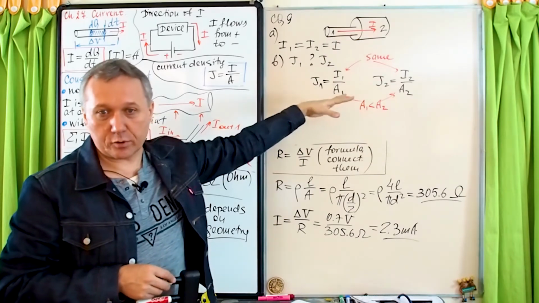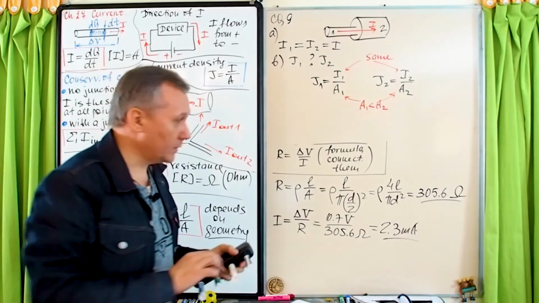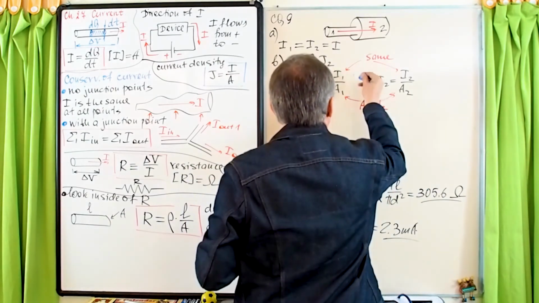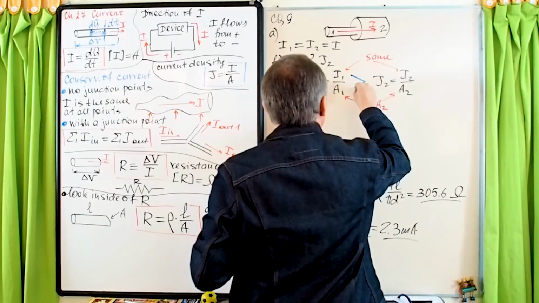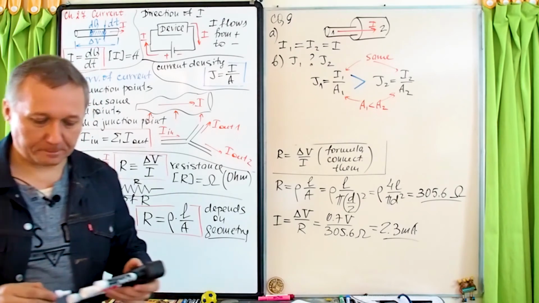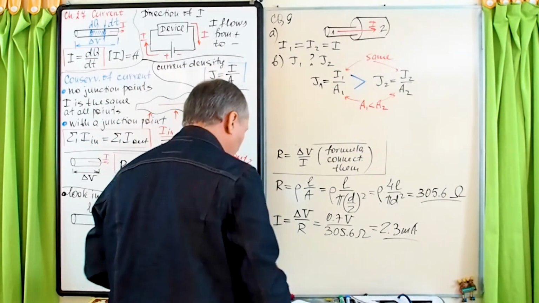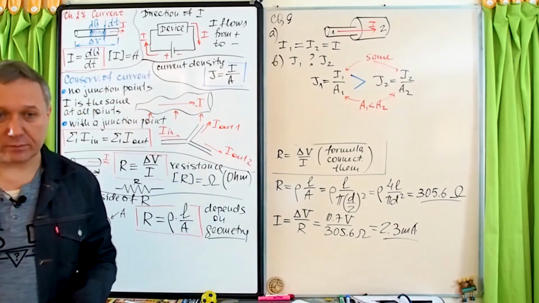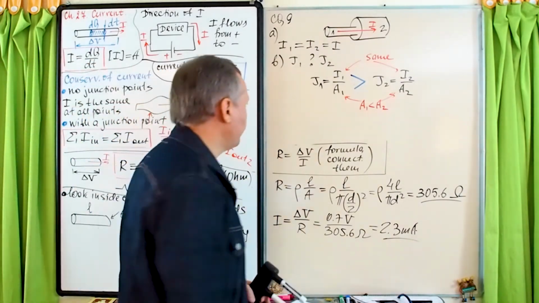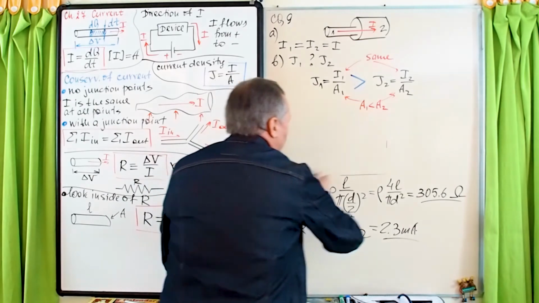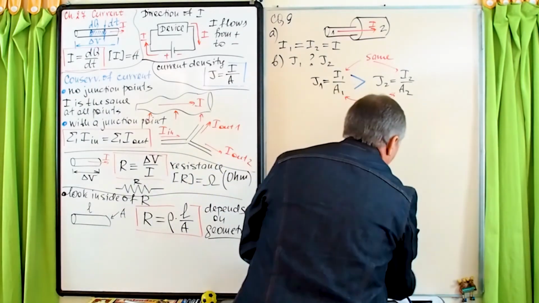So J1 is going to be larger than J2, and as a result this gives us this sign. It's a simple analysis. If a student is careful, no troubles.